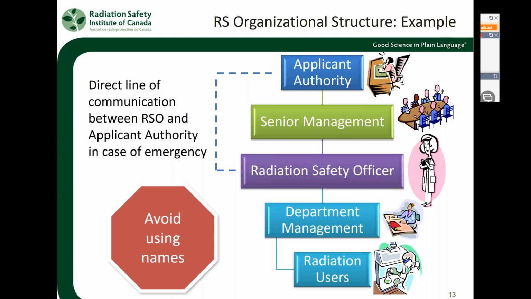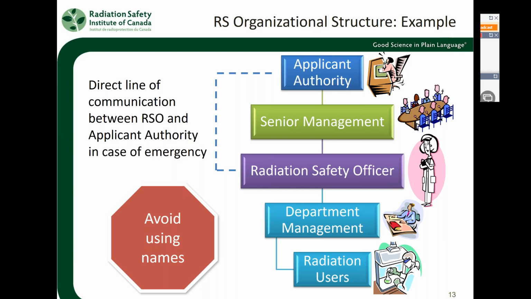Within your radiation safety manual, do try to avoid using individual names. If you do want to put an individual's name to the position, I would suggest keeping the organizational structure as a separate document.